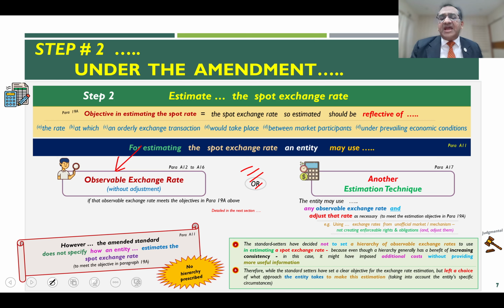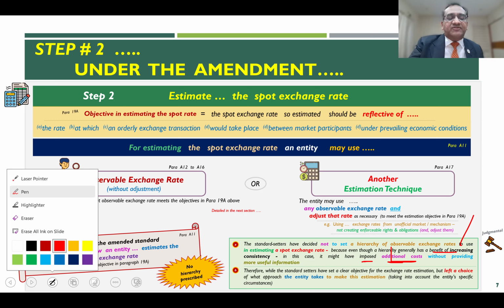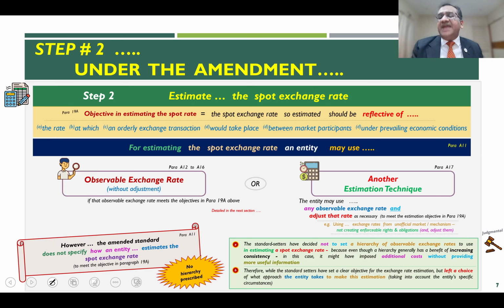There will be fairly complex situations in various jurisdictions which are affected by this kind of a situation. So even if prescription of a hierarchy would have led to increased consistency, it would have imposed significant additional cost on the entities or the preparers who are preparing the financial statements without providing more useful information.